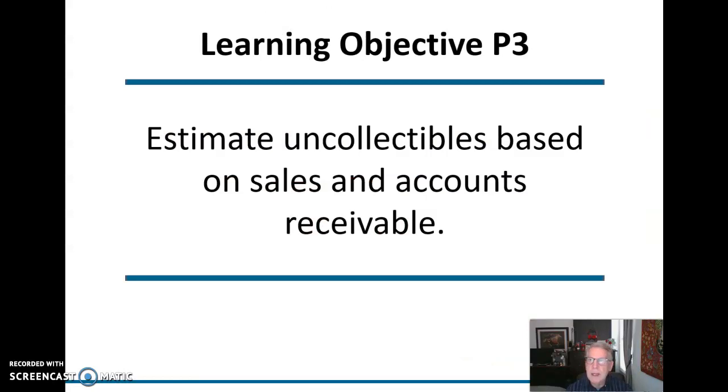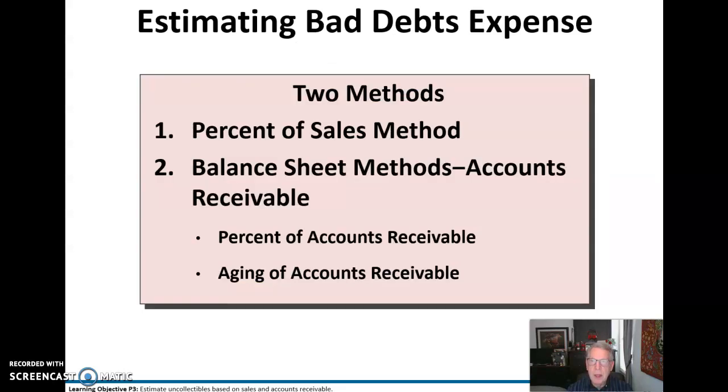So now we're going to take a look at estimating uncollectible accounts based on sales and then based on accounts receivable. We do that differently. So we have two methods here. One is the percent of sales method, and two, the balance sheet methods.